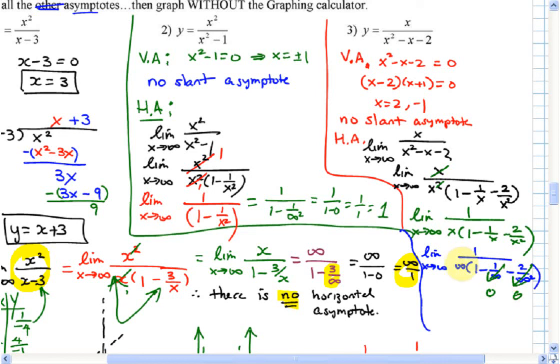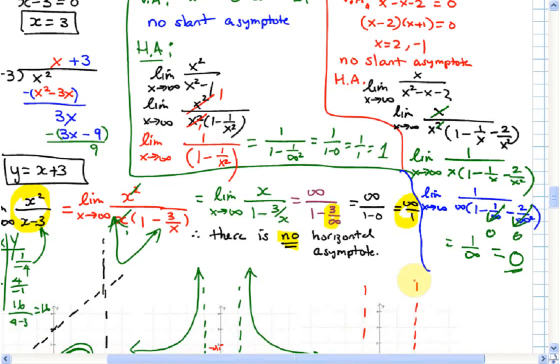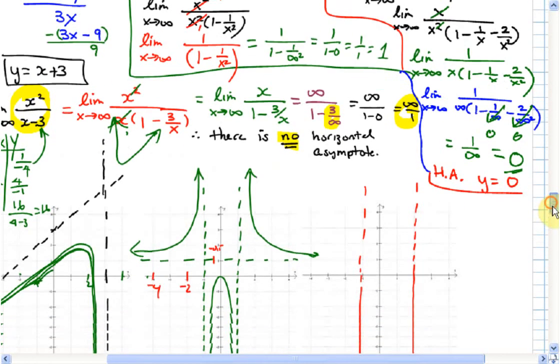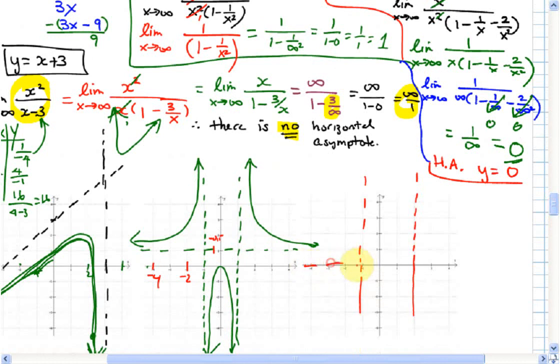Now you still have an infinity in front, so it's like 1 divided by infinity times 1. That's the same thing as 1 over infinity, so what's that equal to? 0. So what you've just told me here is that your horizontal asymptote is equal to 0. It's y equals 0. It's not big, it's 0. So you have a nice dotted line right here on the x-axis.